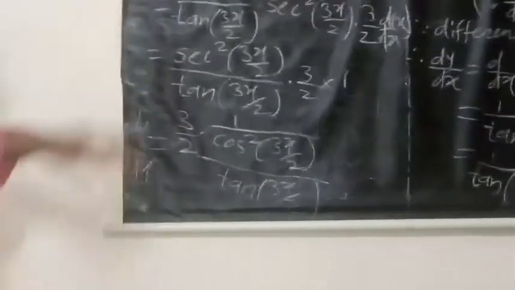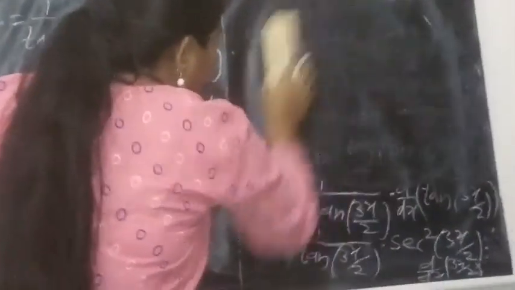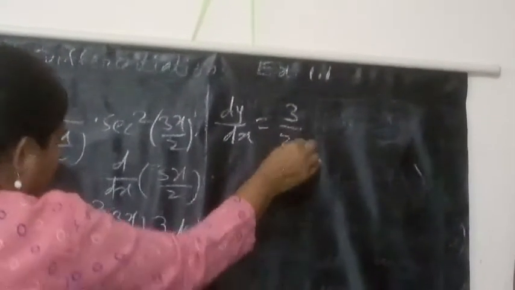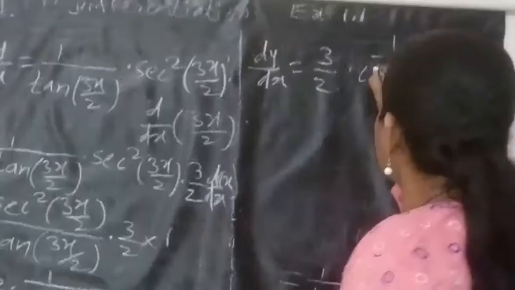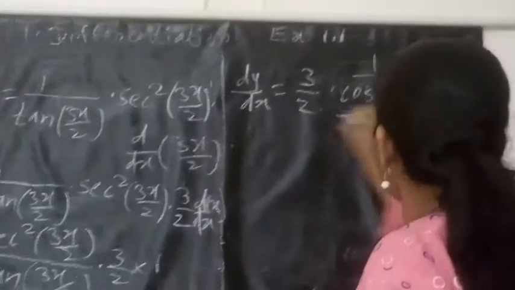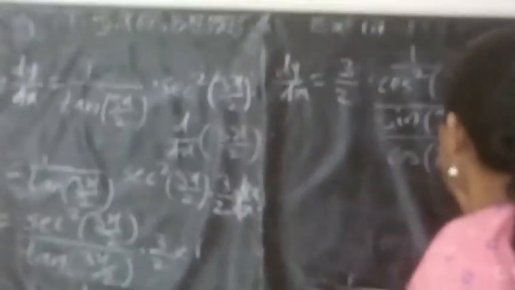It can be written as dy by dx is equal to 3 upon 2, 1 upon cos square 3x upon 2 upon tan, and tan means sin upon cos, that is sin 3x upon 2 upon cos 3x upon 2.